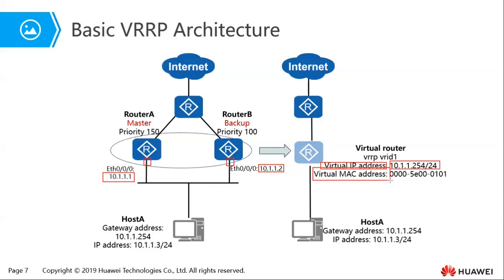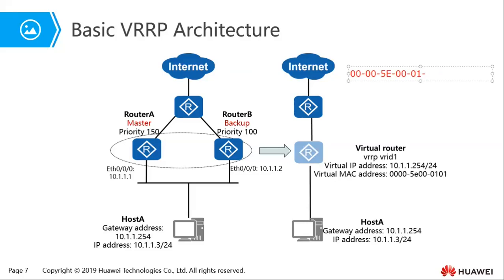Then the other important thing is the virtual MAC address. The virtual MAC address is generated by the virtual router based on the VRID, as I mentioned earlier. Let me just write this. The way this is done is that for these bits, it's always going to be 00, 01.